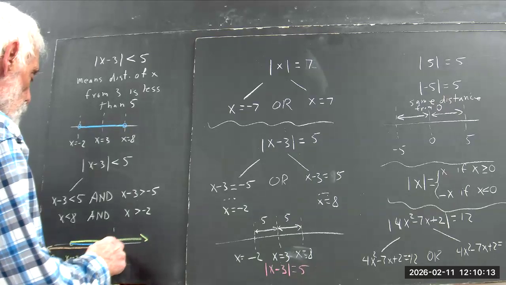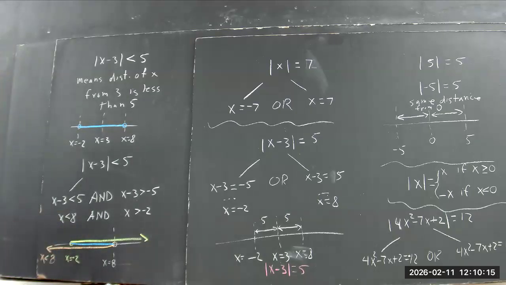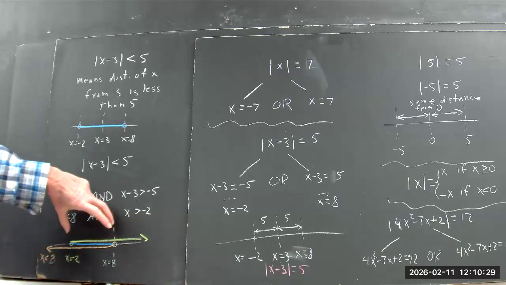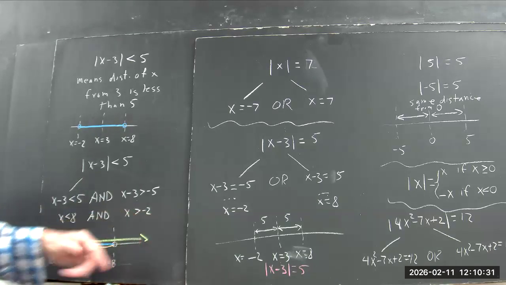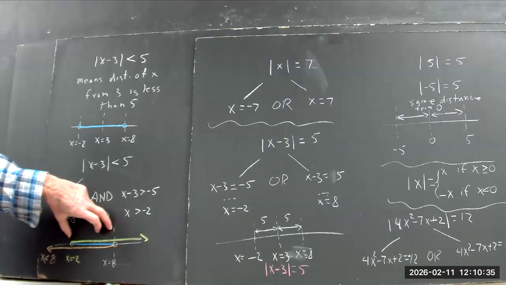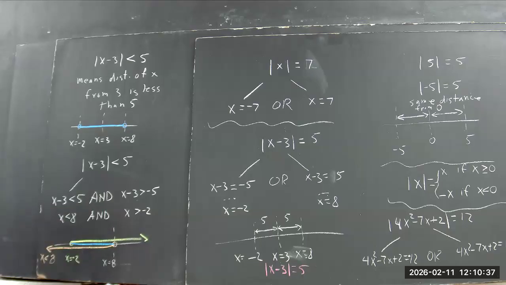What satisfies both is where those two arrows intersect. The use of the word intersection: the intersection of two things is where they both are. Okay? This arrow intersects this arrow. The arrow to the right intersects the arrow to the left on the interval between negative 2 and 8. That's a way of visualizing.